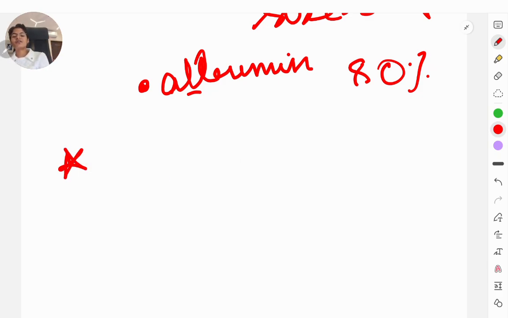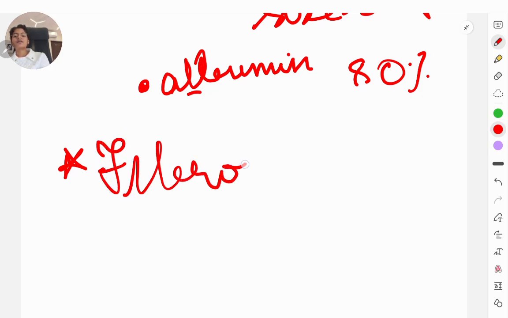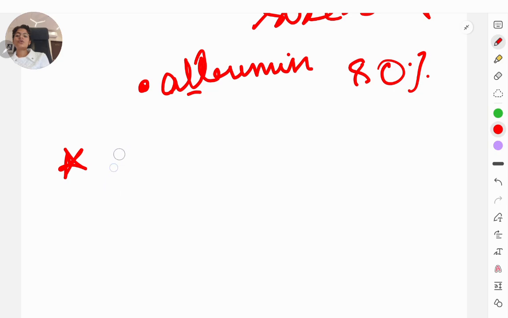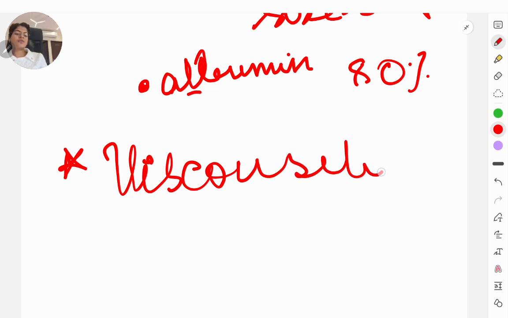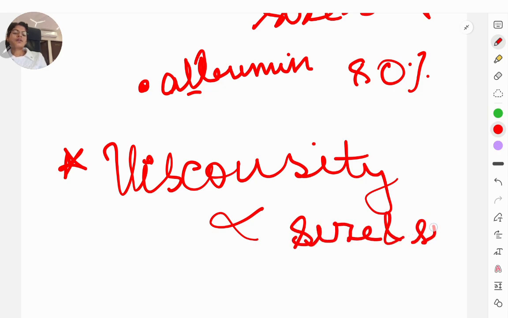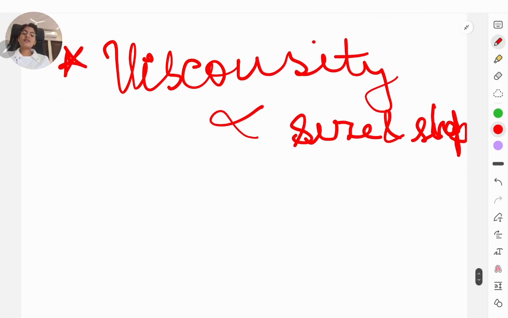Now one more thing, as we are in the flow of seeing the plasma protein, I want to tell you about fibrinogen. Here we need to know the viscosity. Viscosity is maximum contributed by those which have greater shape and size. Fibrinogen, because of its irregular shape, has more viscosity.